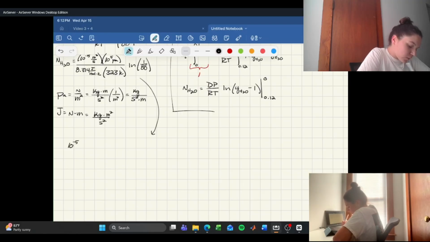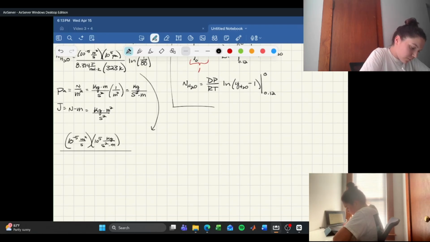10 to the negative 5th is still in meters squared per second times 10 to the 5th kilogram per second squared times meters over, joules is 8.314 kilograms meter squared over second squared moles Kelvin.